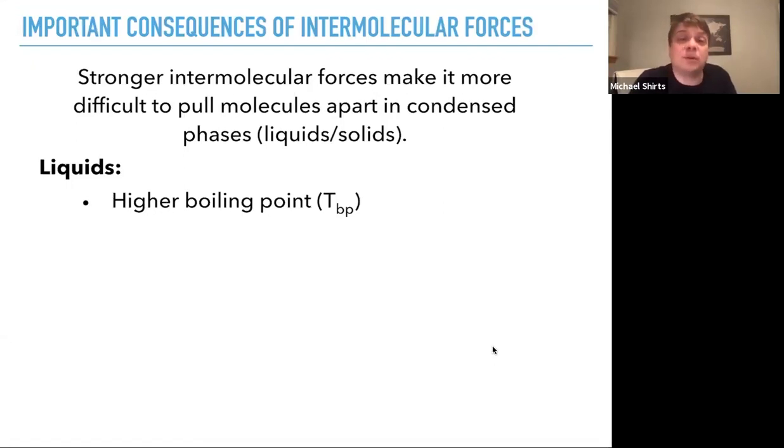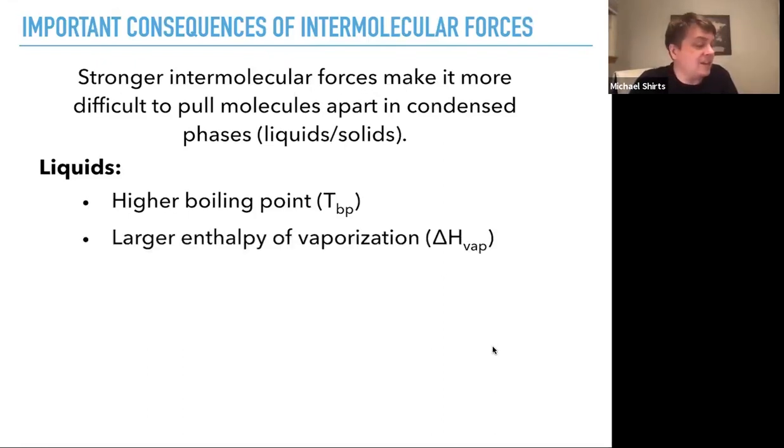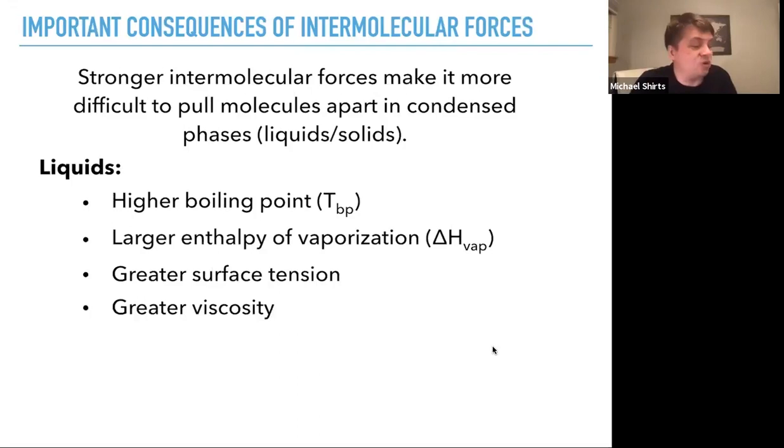And if they're harder to pull apart, then, for example, liquids have a higher boiling point. It takes more kinetic energy to rip molecules out of the liquid into the gas phase. They have a larger enthalpy of vaporization. You have a higher boiling point because you need to pump more energy in to pull each individual molecule away, and that's the enthalpy of phase change. Also a greater surface tension, which we'll talk more about, and a greater viscosity.